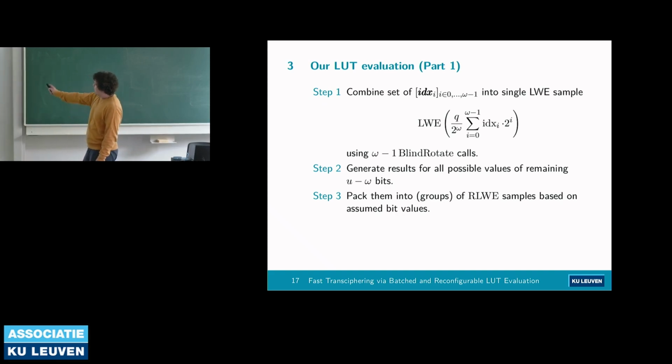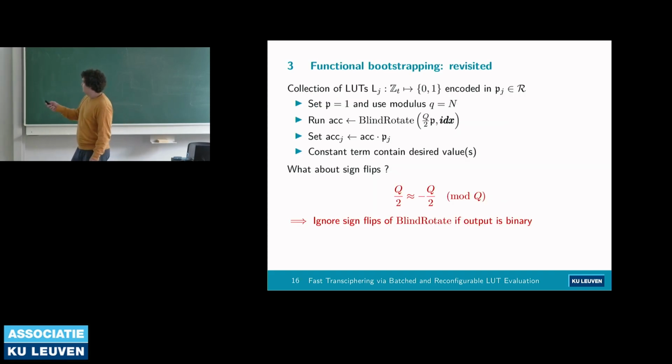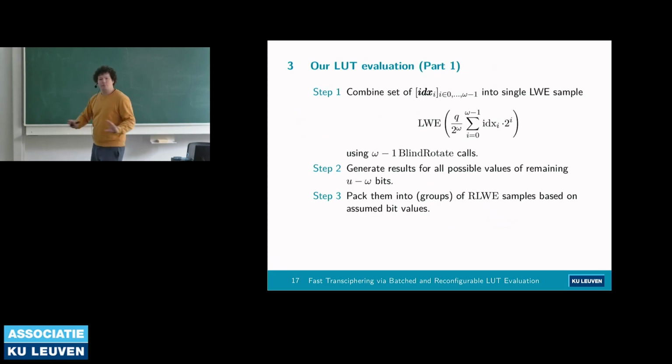Then we'll have U minus omega bits left, which haven't been used yet. So what we'll do, we're just going to assume certain values for those bits, and using the previous slide, we'll generate all possible outputs, independently of whether the chosen bits are true or not. And again, this will just need one blind rotation, this step 2.